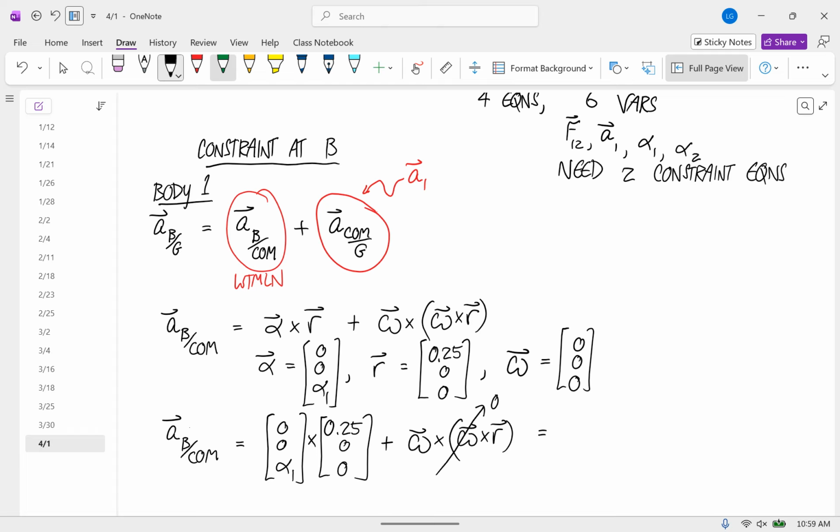And so you get 0, positive 0.25 alpha 1, 0.